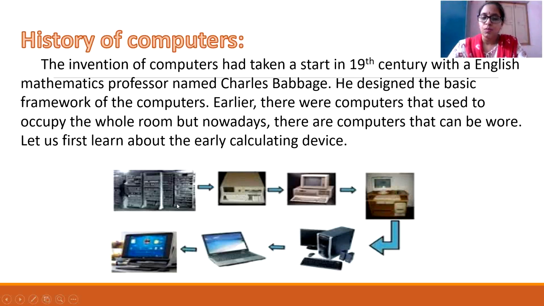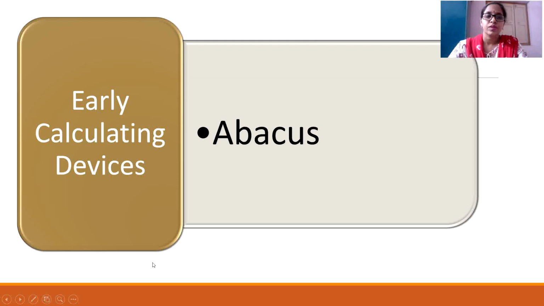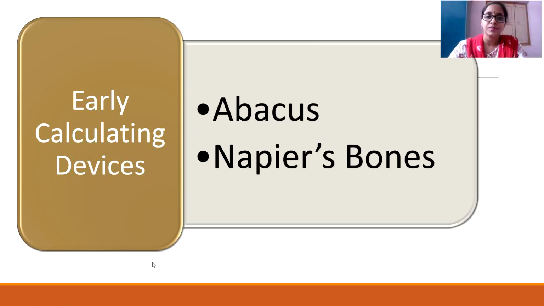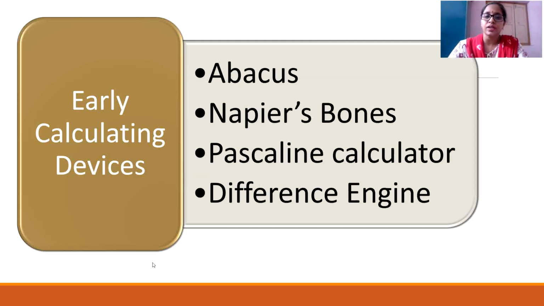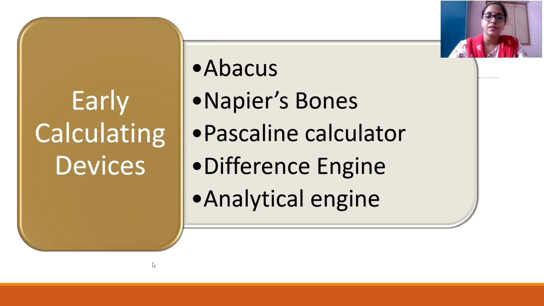As we move on, we can see the computers in our pocket, such as mobile phone. Early calculating devices: abacus, Napier bones, Pascalian calculator, difference engine, analytical engine. Let me describe each one.